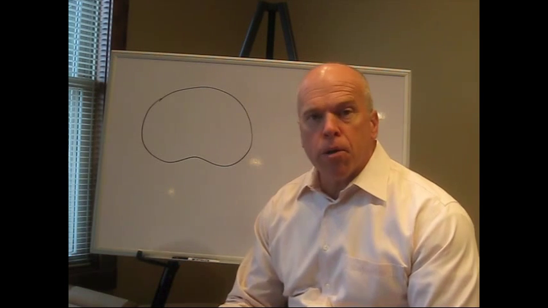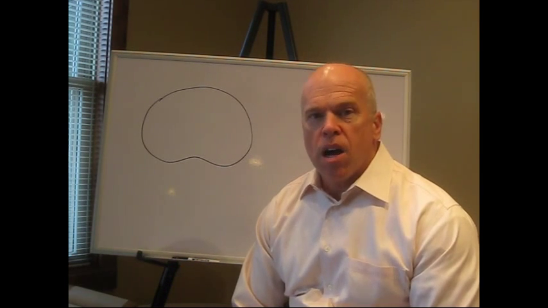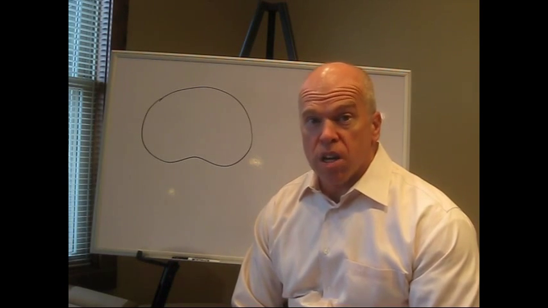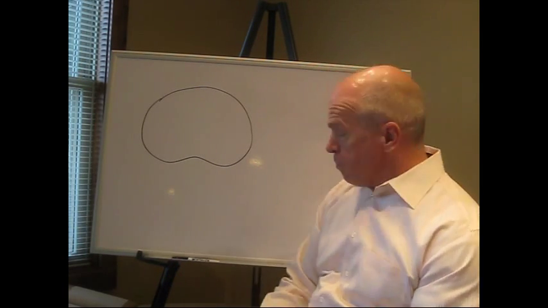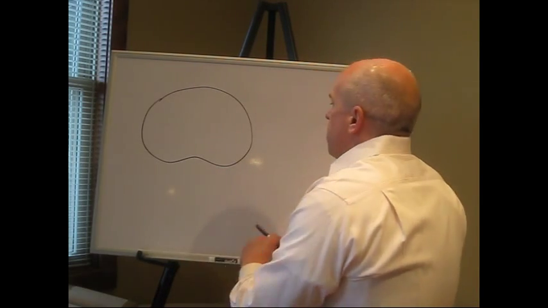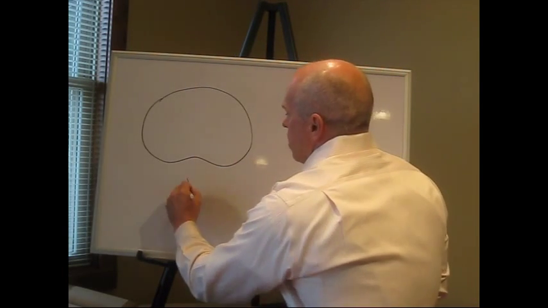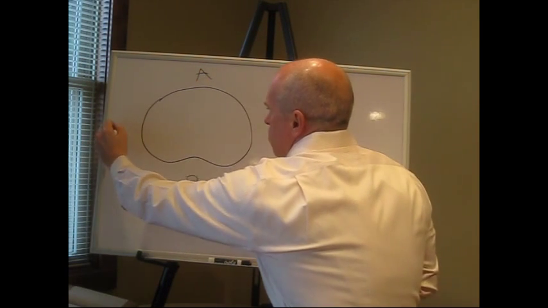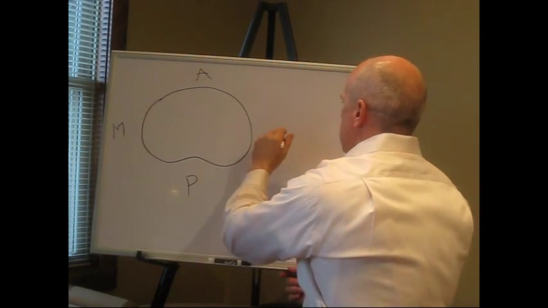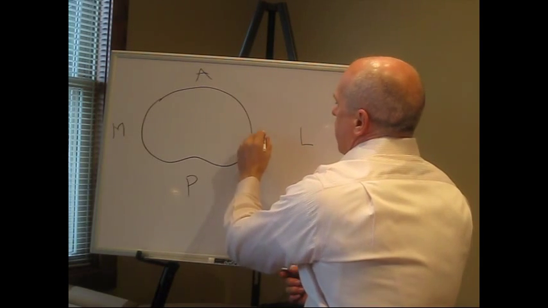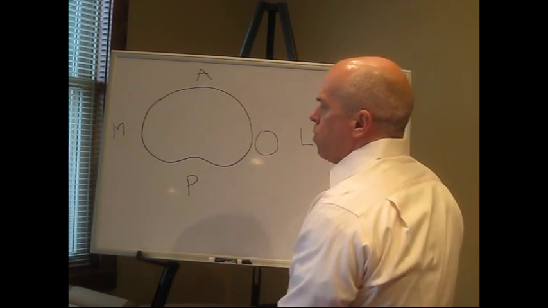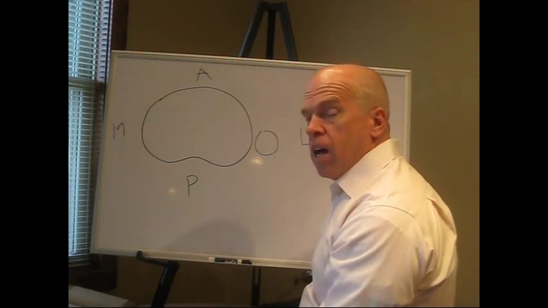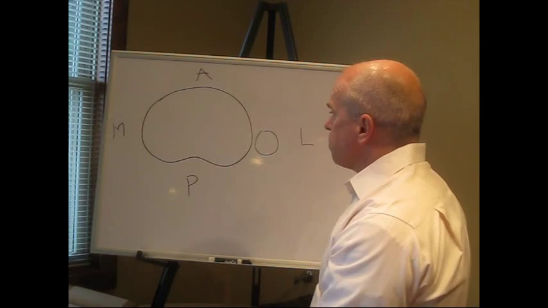This is a superior view looking down on the superiormost surface of the tibia, known as the tibial plateau. This is posterior, this is anterior, this is medial, this is lateral, and this would be the fibula bone here. The patella would be out here. So we're looking down on the right tibia.